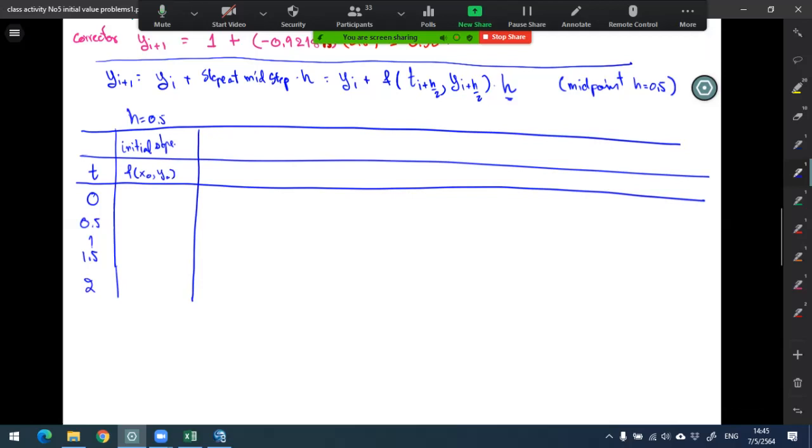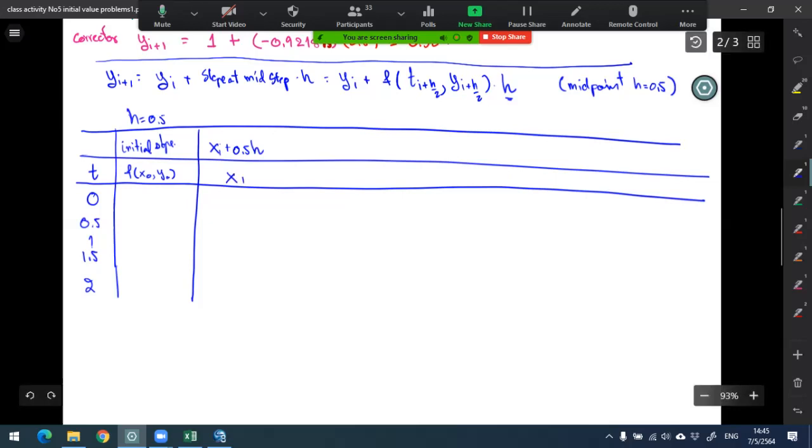For this case, we require x and y also. We require the new x, that is at x equal to x i plus 0.5h, the point x at mid-step.